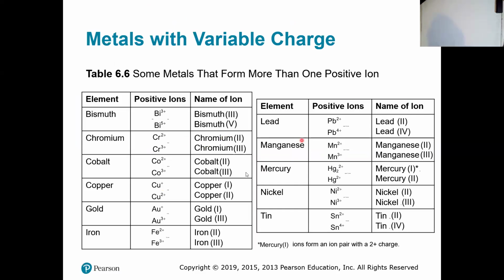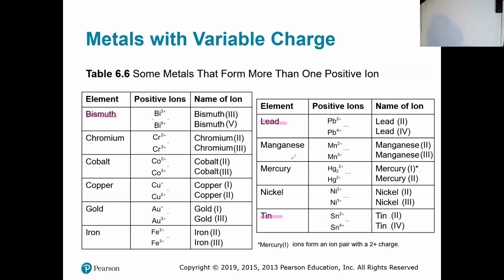These are some examples of the variable charges. The ones that I mentioned specifically that fall outside of the transition metal box are bismuth, lead, and tin. Okay, so these have different charges, even though they are not transition metals.